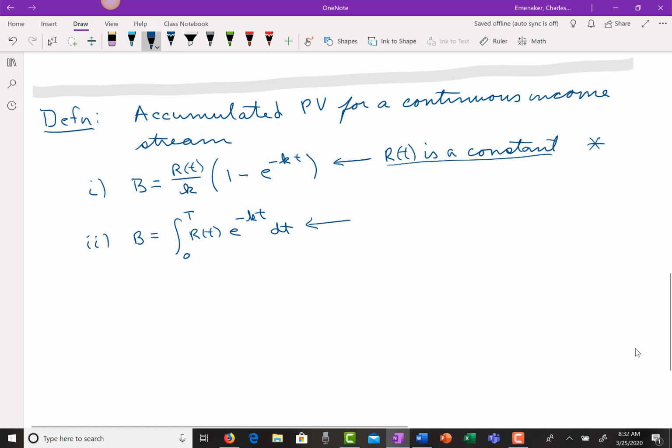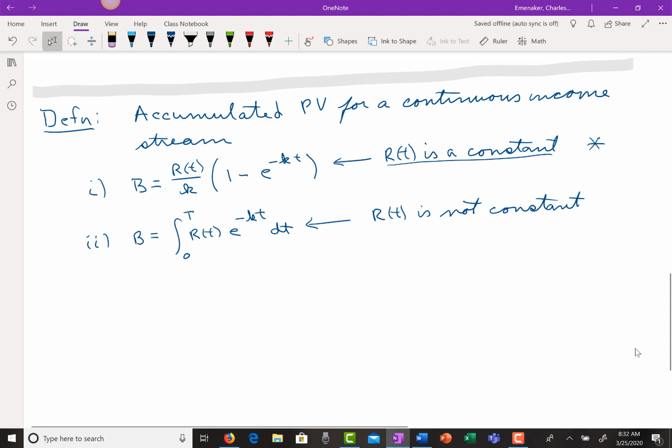This is when the revenue stream is not constant. An example of this would be, suppose that the plan is to put 3% of your salary each year. There, hopefully your salary is going to be going up, so the revenue stream isn't going to be constant.